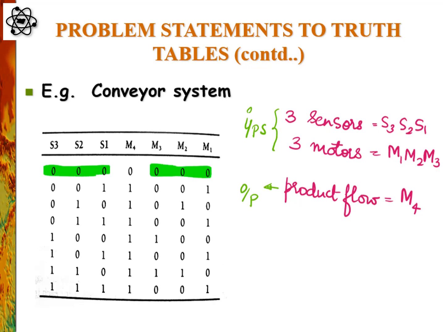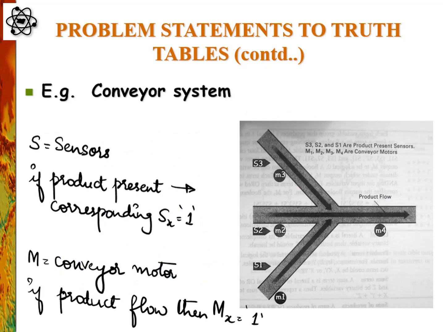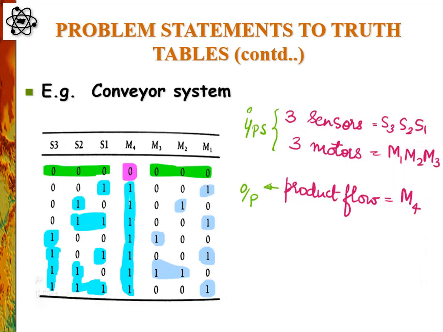So M4, as you can see, is represented in purple color, which is the output. When both the sensors and the 3 motors are absent, it will be equal to 0. And for all the other cases, when there is some material present and the sensor is on and the motor is on, the product flow will continue, which is equal to binary 1.